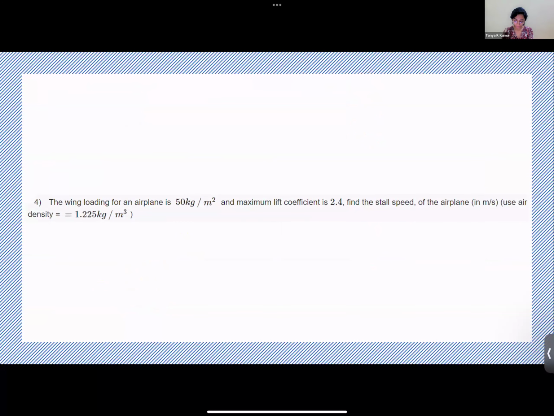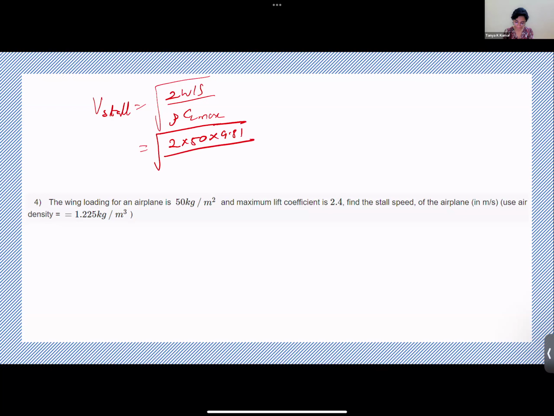Okay, the wing loading for an airplane is 50 kg per meter square and maximum lift coefficient is 2.4. Find the stall speed. It's very simple. This equation we've been seeing right from the beginning. So what was wing loading? 50, it's given in kg per meter square, so multiply by 9.81. Density is 1.225. And CL max is 2.4.